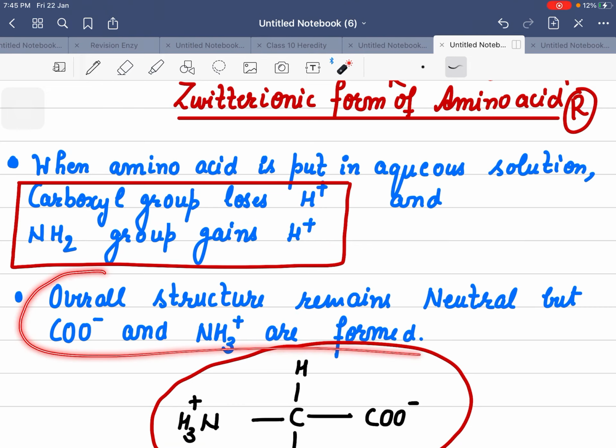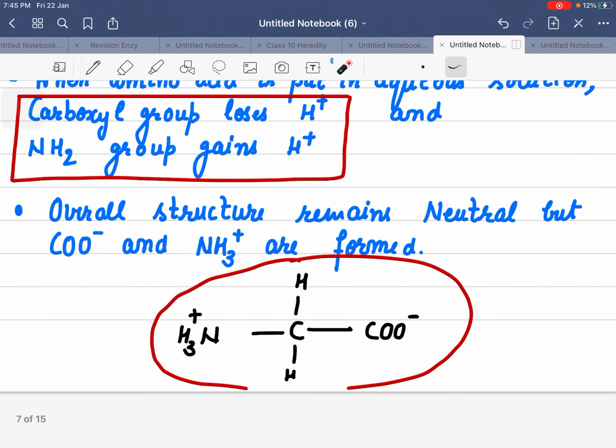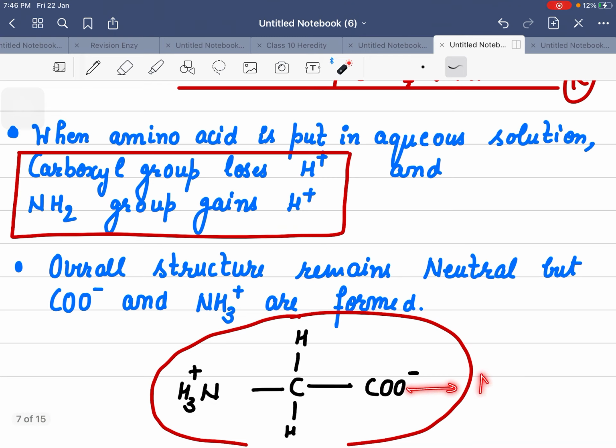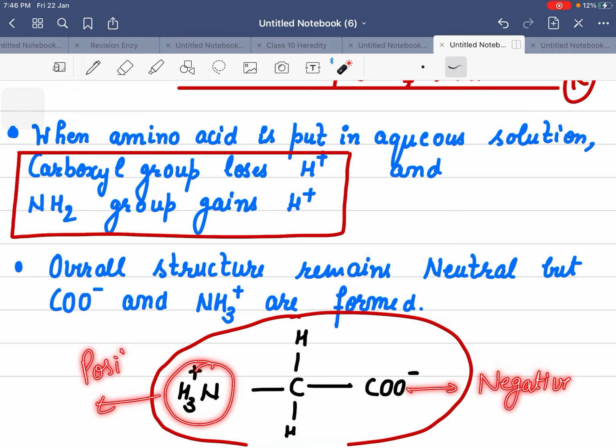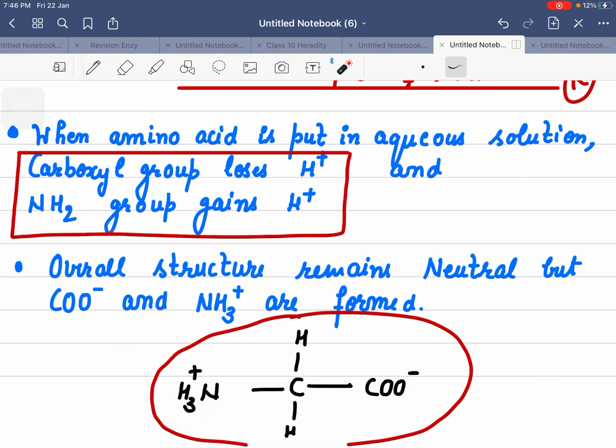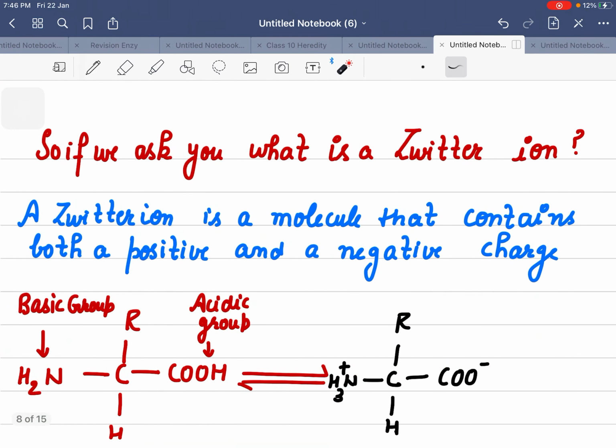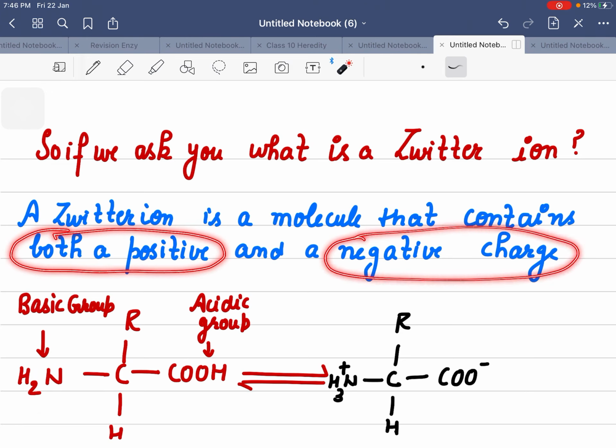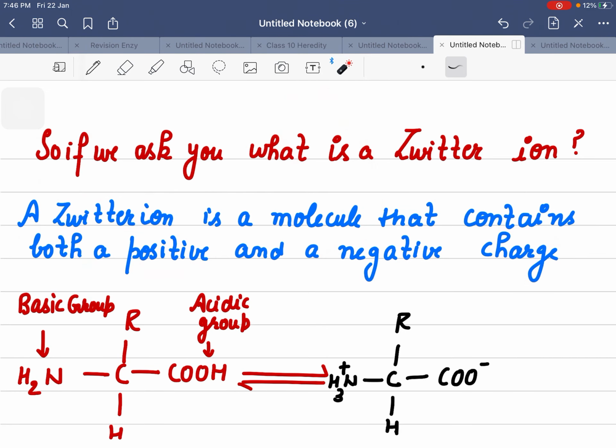So the overall structure becomes neutral, because after losing H positive it becomes negative in charge, and after accepting one H positive it becomes positive in charge. So the overall structure is neutral. The molecule which contains both positive and negative charge, in ionizable form, is known as a Zwitterionic structure.